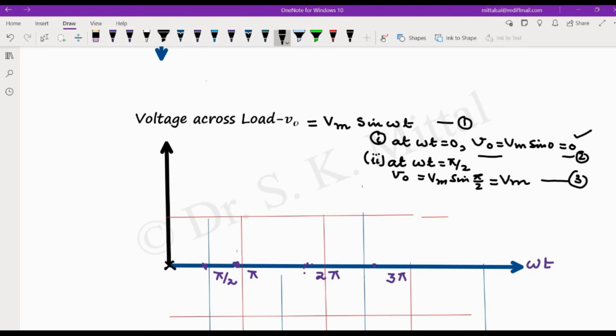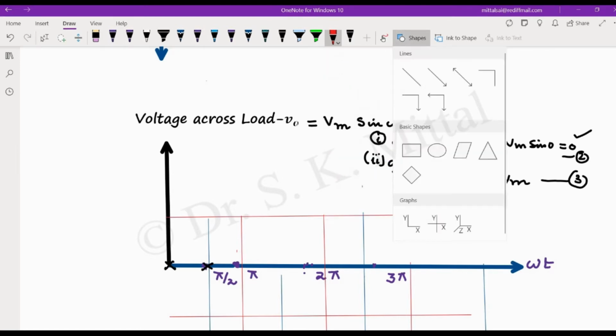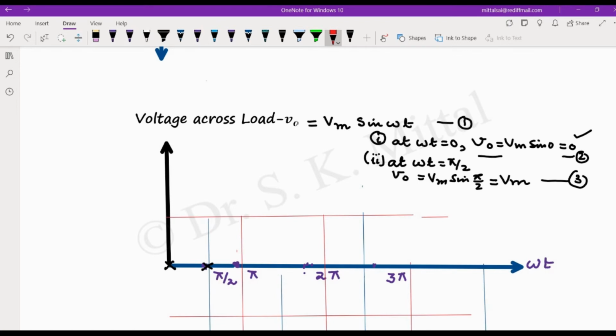At the same time, at omega t is equal to pi by 2, this is the point of omega t is equal to pi by 2, and the voltage is Vm.